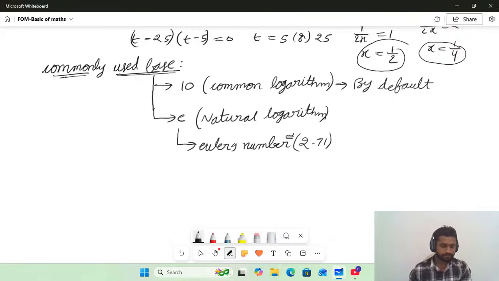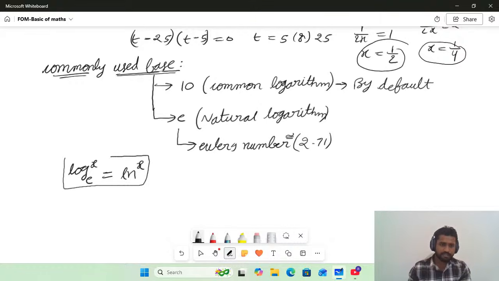Okay, clear? So logarithm of x with base E can also be written simply as ln x. This is very important.